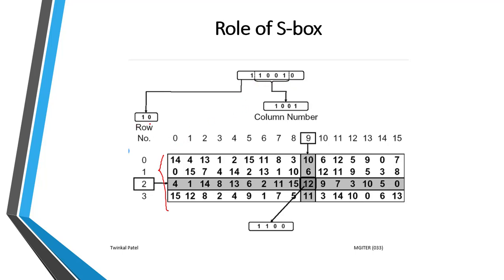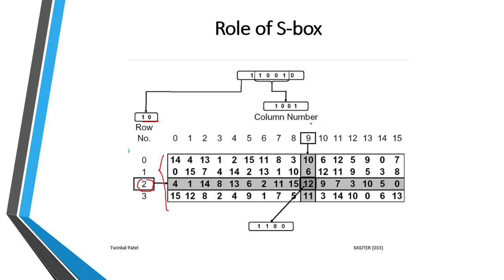So 10 is a binary number. So now we are going to convert it into decimal. So 10 in decimal is number 2. So 10 gives us a row number. So we have to look at the second row, and the other bits, that is the middle bits except the first and the last, give us a column number: 1001, that is 9 in decimal.